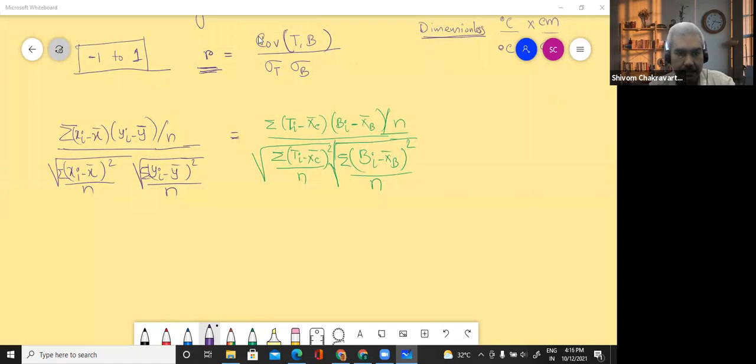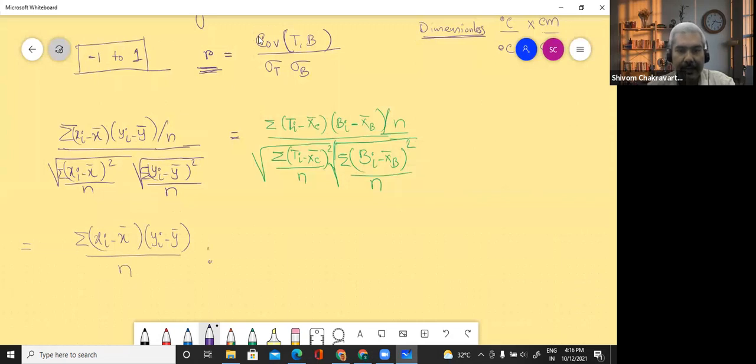So basically this becomes summation of xi minus x bar, yi minus y bar, divided by n.